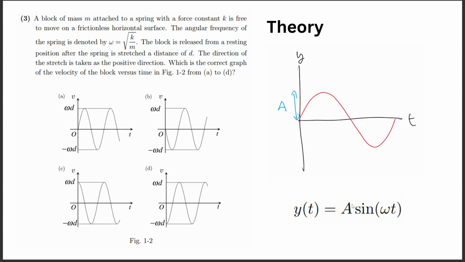So whenever there is a wave with the height of A, we can write it like this. And this doesn't have to be sine, it can be cosine, minus sine, or whatever. So this depends on the shape of the wave.